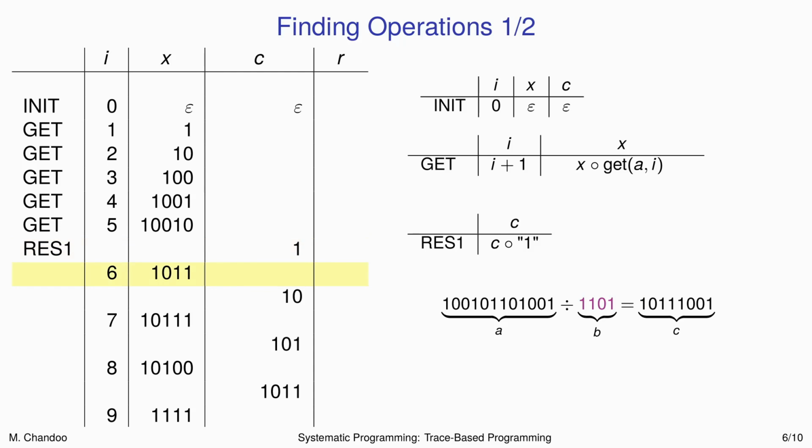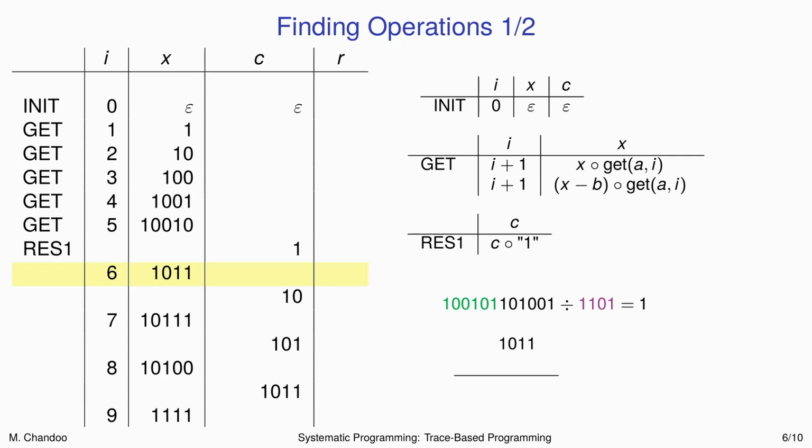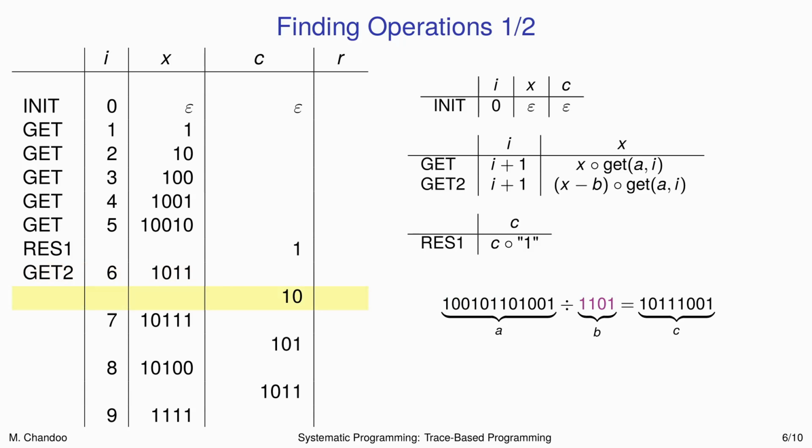To get the values in this row, we subtract b from x and copy the next digit from a. We call this operation get2. Next, we append 0 to c.